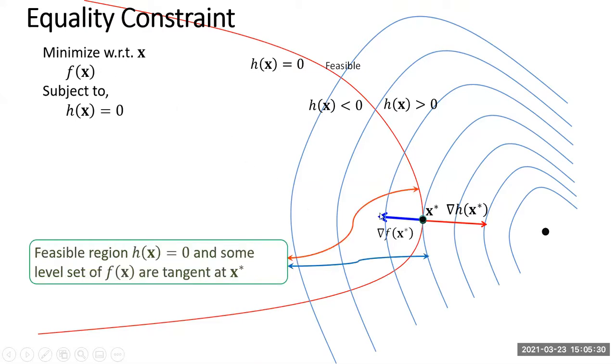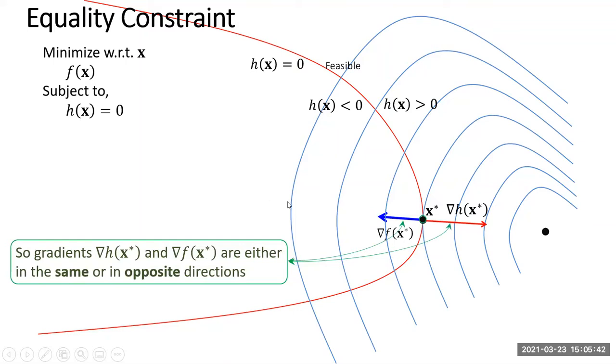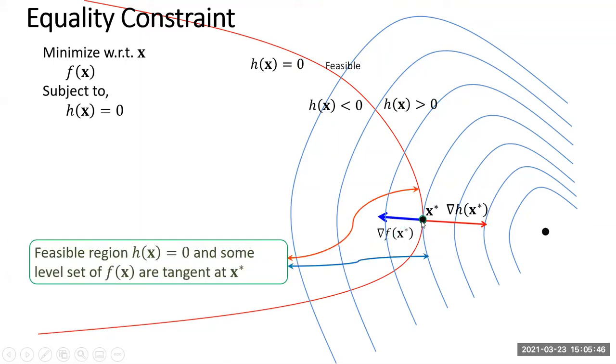Okay, now again, this is the feasible region, and level sets of f of x are tangent at x star. Now suppose we move to another point. If we move in any other direction here or here, we will be infeasible. We have to stay in the feasible region, right? So these are the only two possible cases.